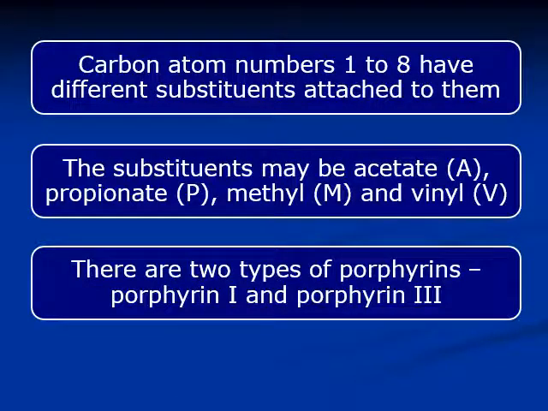Carbon atoms number 1 to 8 will have different substituents attached to them, and these substituents can be acetate, propionate, methyl and vinyl. There are 2 types of porphyrins, porphyrin 1 and porphyrin 3. According to Fischer, the carbon atoms are attached to different substituents.